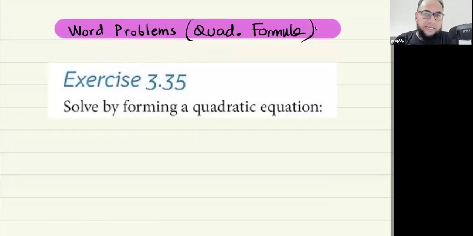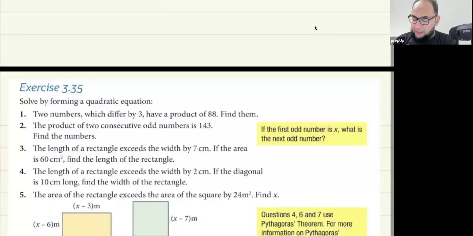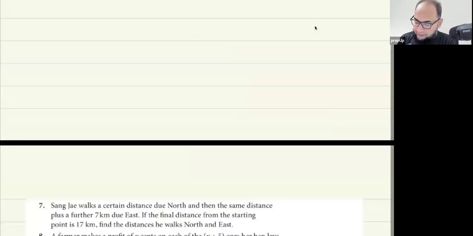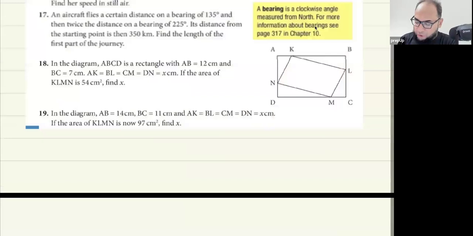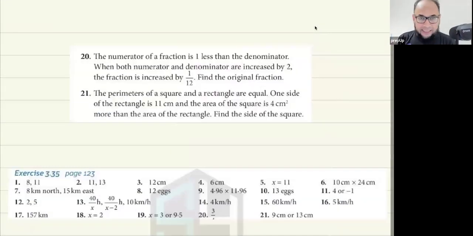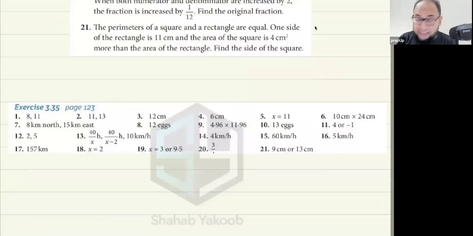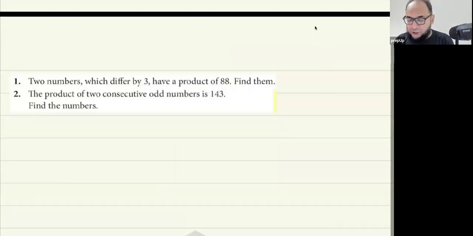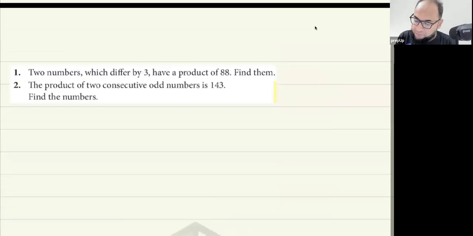Now let's move on to the word problems of quadratic formula, or maybe factorization. These are the questions that I've pasted over here. That's the exercise, and those are the answers. Let's try out a few questions.